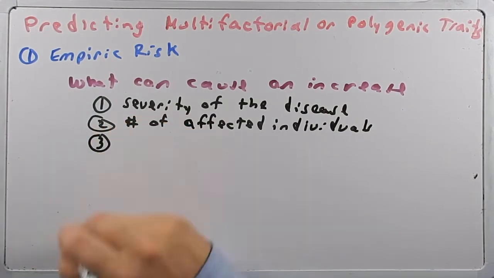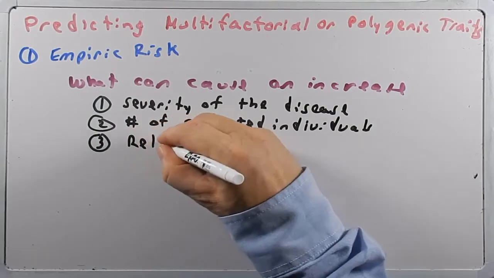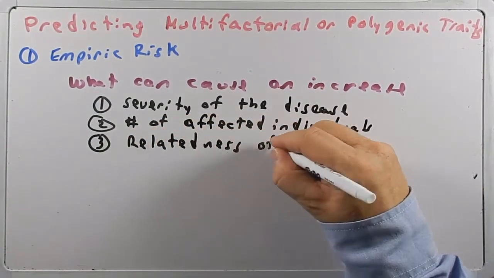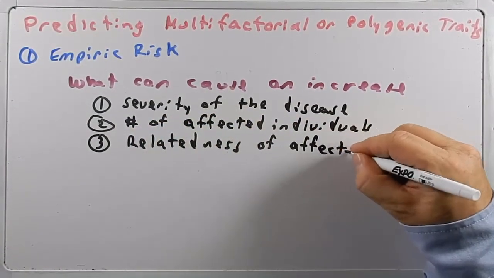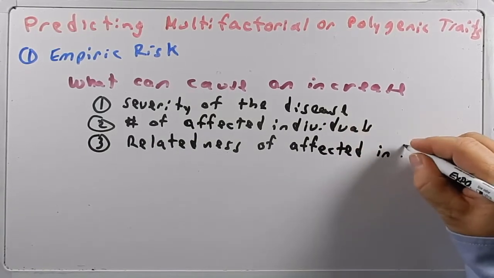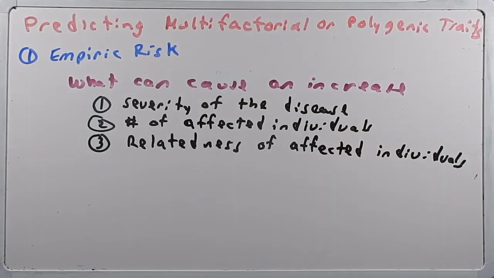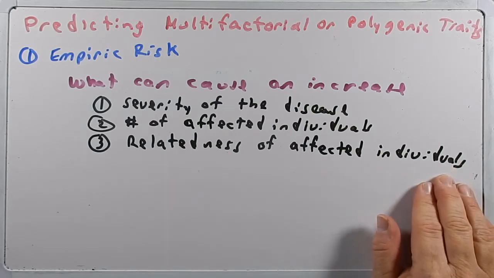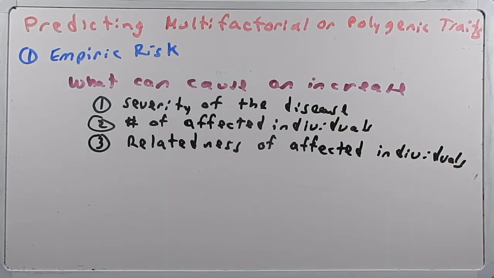And the last one is the relatedness of affected individuals. So for instance, empiric risk would go up if within the population we're studying, we're looking at individuals within a family, as opposed to individuals within a general group within the population of unrelated individuals. And then within relatedness, you can also consider how closely individuals are related.